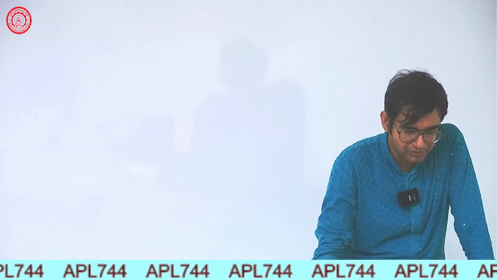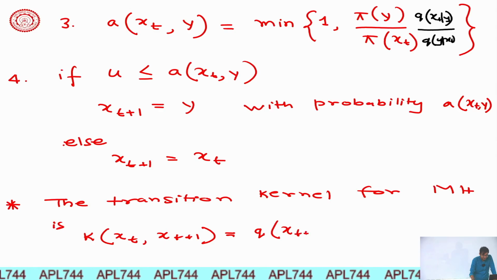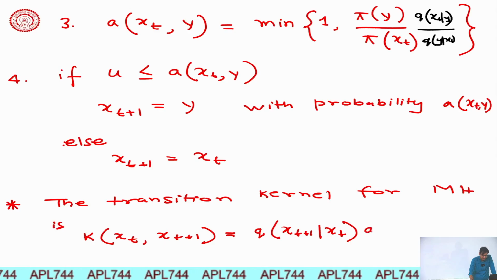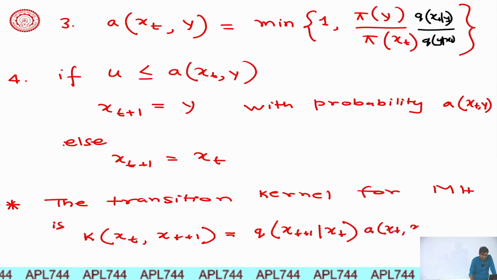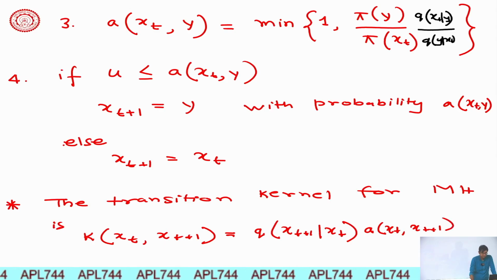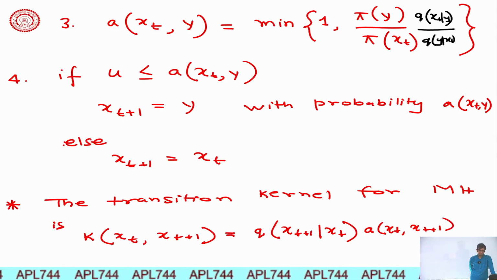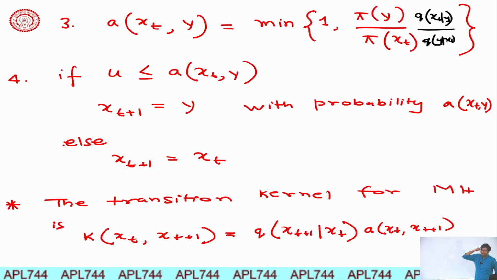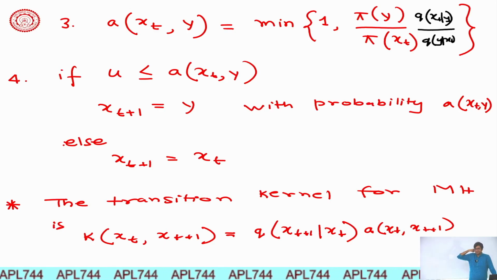First, I will draw a sample xt plus 1 given xt, multiplied by the acceptance probability a, from xt to xt plus 1, right? This is the case when it is accepted. So you are drawing a sample from q of xt plus 1 given xt and accepting it.